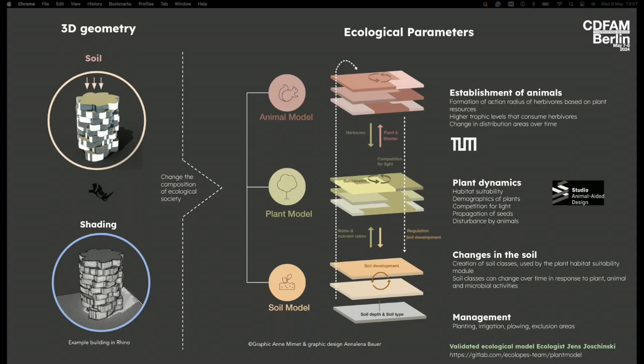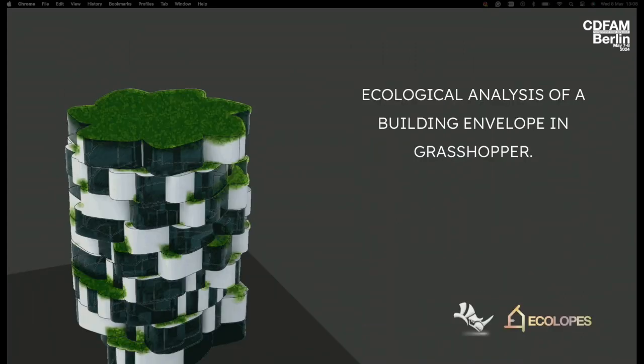We did that at the resolution of 1 cubic meter, and the ecologists adapted their model to 1 square meter in their case, because they work in 2D. So the result is that we managed to bring ecological analysis into Grasshopper and to link it to a 3D geometry. We can now simulate dynamics between species and their distribution over time in a 3D modeling environment.